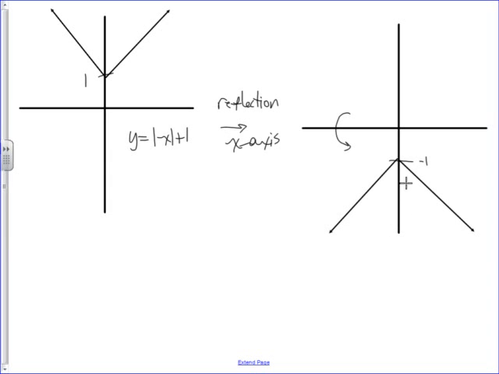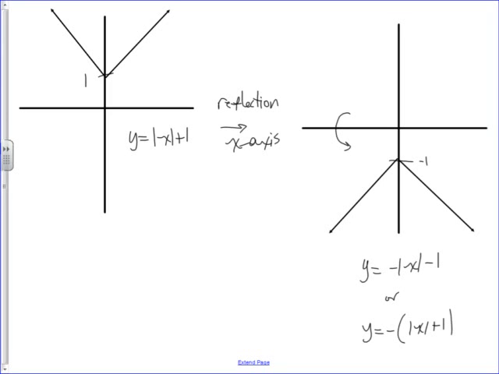So now the equation for this graph would be y equals negative absolute value of x minus 1, or y equals negative parentheses the absolute value of x plus 1. So you can factor out the negative to get what the normal graph looks like, and then simply reflect it over the x-axis.